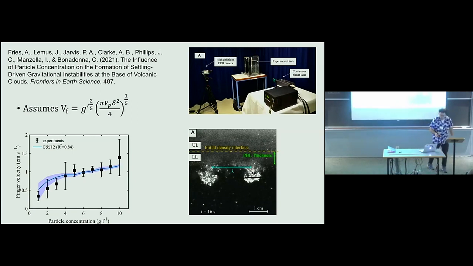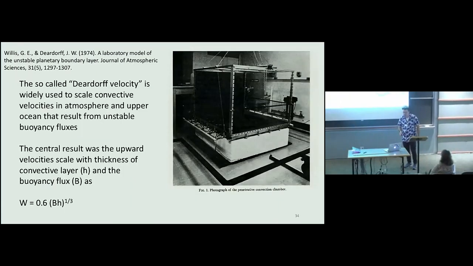Now, the final possible relationship is that we choose something that's not from the sediment literature, but rather from the meteorology literature. Yesterday there were a lot of talks about meteorology, convection in the boundary layer, and someone mentioned Deardorff's scaling. Based on laboratory experiments, he looked at a flux between two fixed plates.